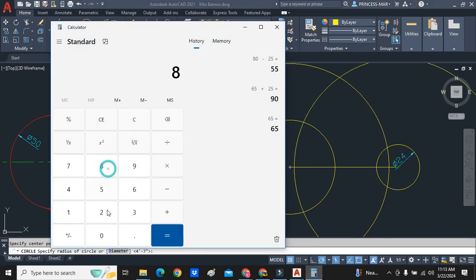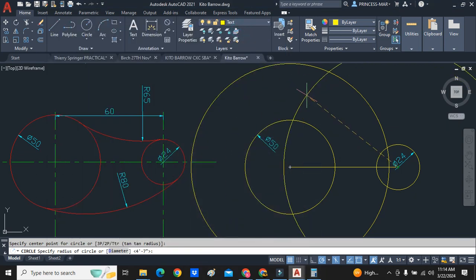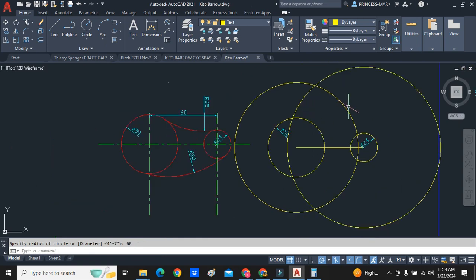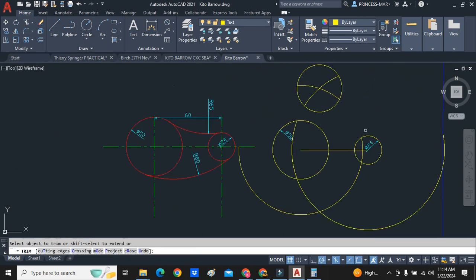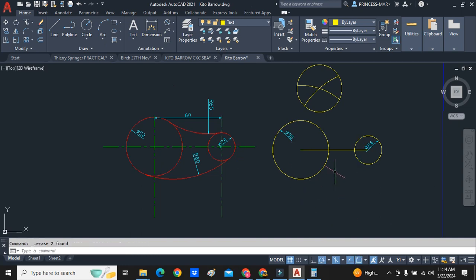What is 80 subtract 12? It gives us 68. Okay? So when I come, I draw my arc at 68. I then do my small circle. I scribe. So I'm deleting these.